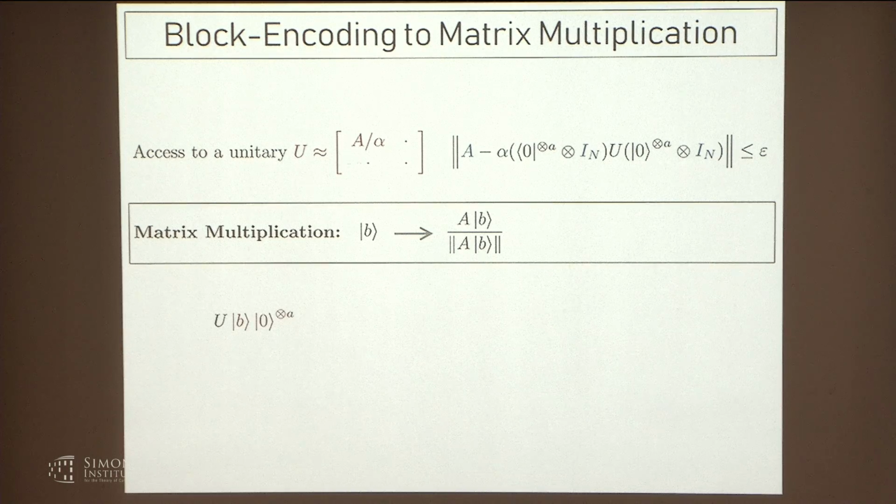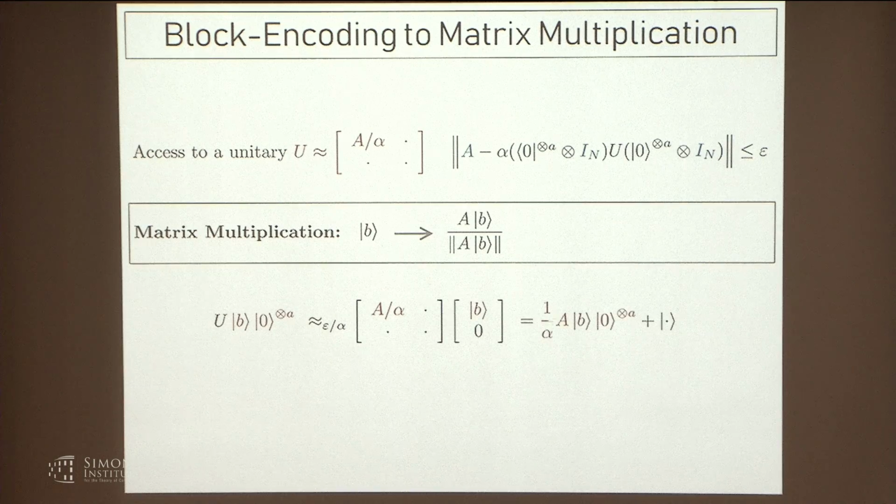Okay, and we can pretty easily do that in this setting. So if you have some unitary of this form, you can apply it to B and all of the ancilla set to 0. And so that's going to be pretty close to just taking some unitary with this block in the top left corner, multiplying it with this vector in the top here. And so that's just going to give you A applied to B up to this scaling in the part of the state where the ancilla is set to 0, plus something that has the ancilla not set to 0.